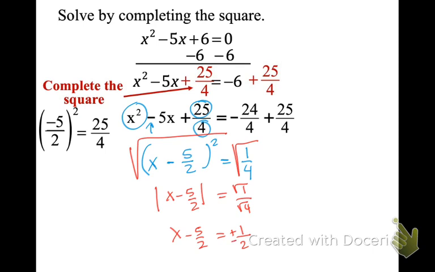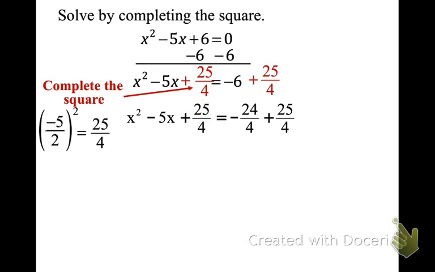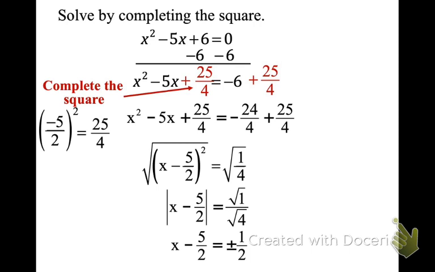Lose the absolute value. I'm going to go over here and go back to the PowerPoint. I can fit it easier. Okay, now I have to add 5/2 to both sides. So I get 5/2 plus 1/2. This is not hard fraction work. There's common denominators, guys. The only thing is the 24/4 that becomes.